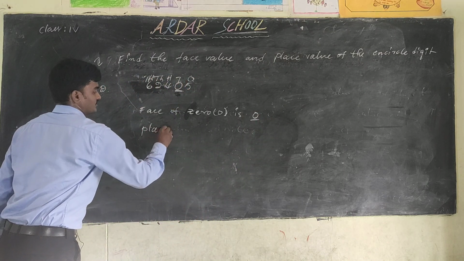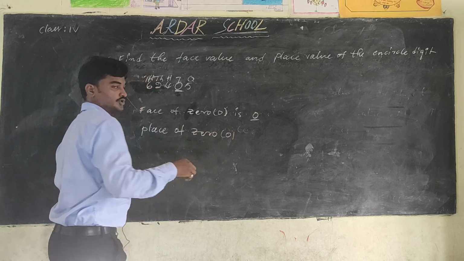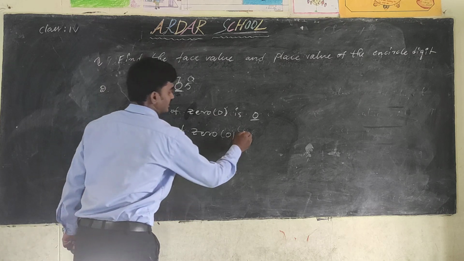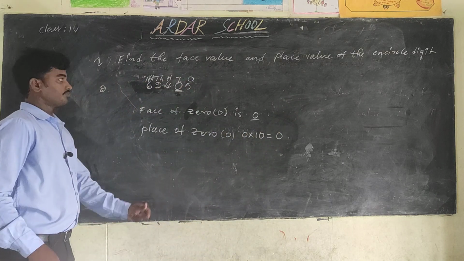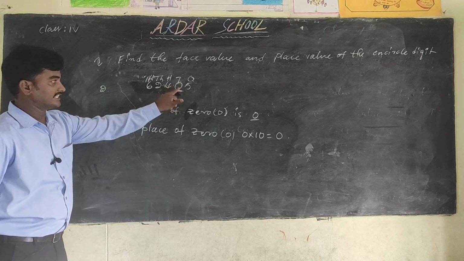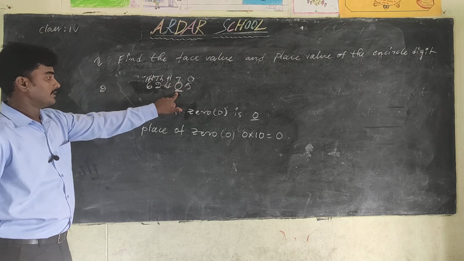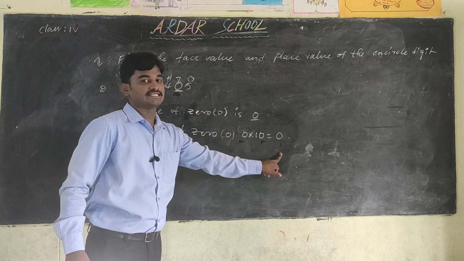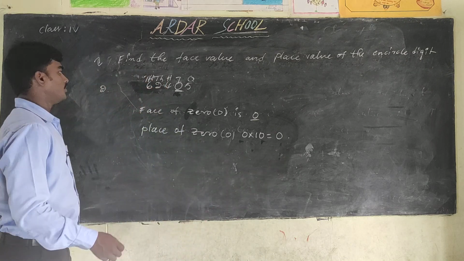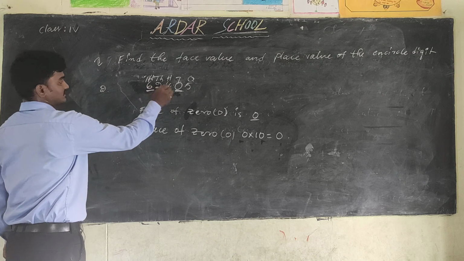Now place value of the 0 is also 0. 0 tens are 0. Of course 0 is in tens place, but the place value of 0 is also 0. So that's why 0 into 10 is 0.